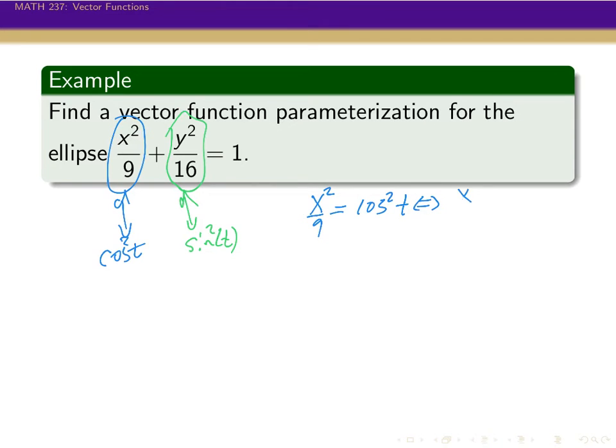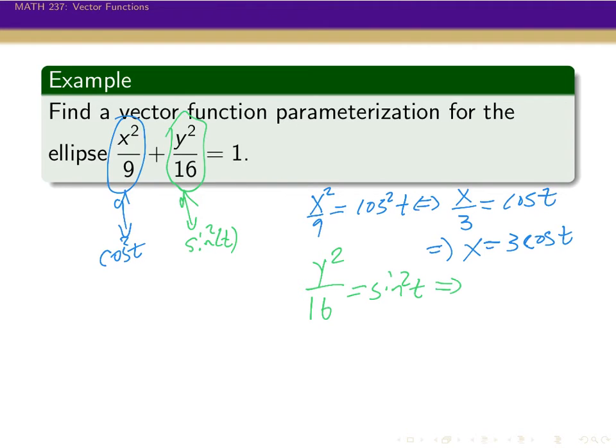Okay, so if x squared over 9 is equal to cosine squared, well, that means x over 3 is equal to cosine, and so I'm going to set x to be 3 cosine t. Y squared over 16 is equal to sine squared. Well, that means that y over 4 is equal to sine, and so y is equal to 4 sine t.